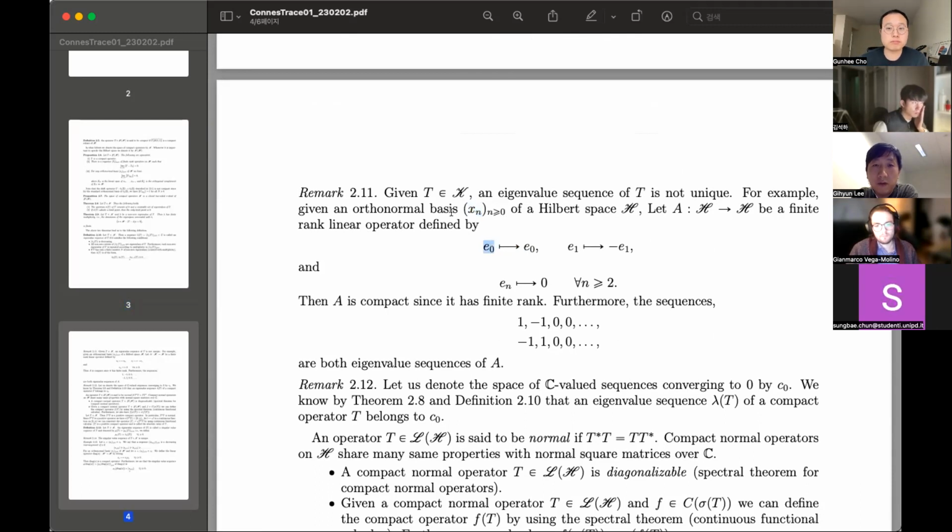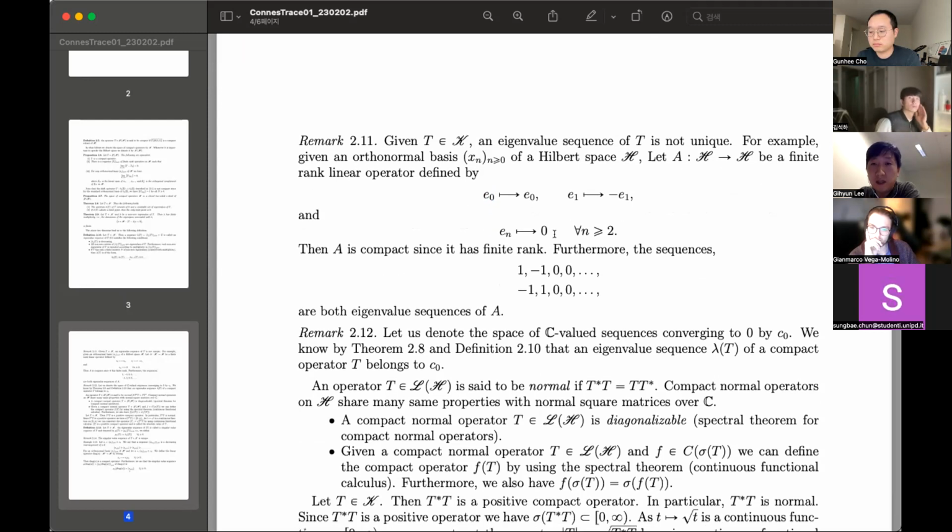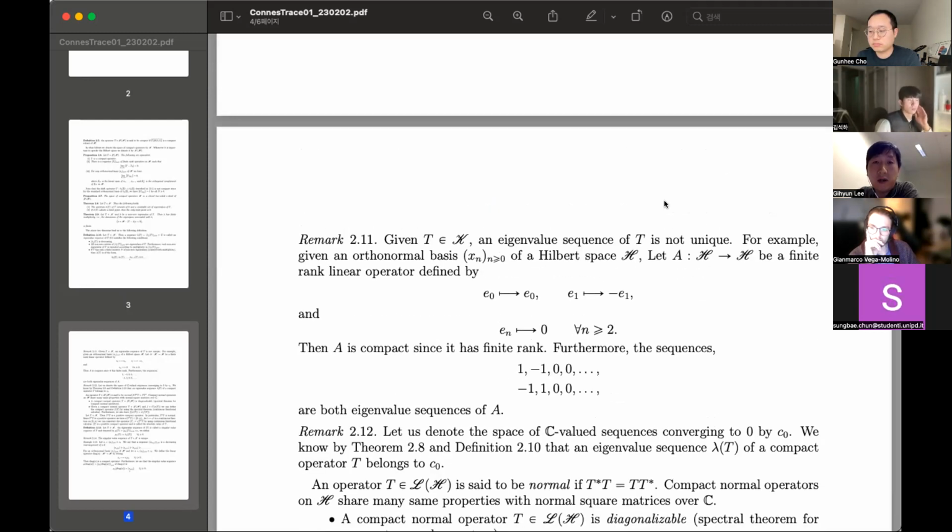For the first entry of this orthonormal basis, I send it to e_0 itself, and I send e_1 to minus e_1. And for all other e_n, I assign 0 to them. Then, of course, this forms a finite rank operator of rank 2, and there are only two eigenvalues, 1 and minus 1.